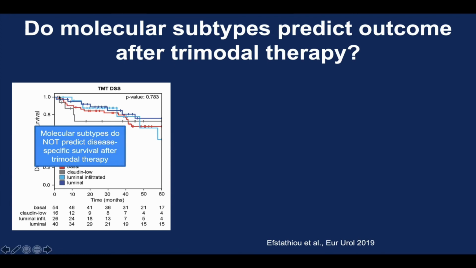But I told you previously that the luminal infiltrated group does quite poorly with cystectomy alone and with neoadjuvant chemo. So the fact that they're up here with the others makes you think, well, maybe they are benefiting, especially from trimodal therapy.